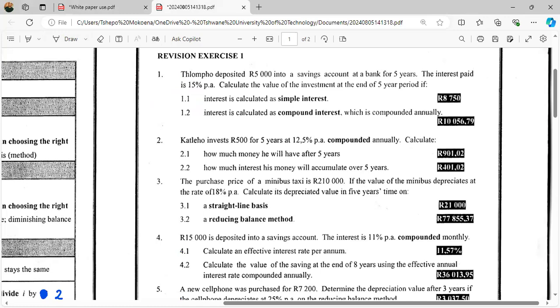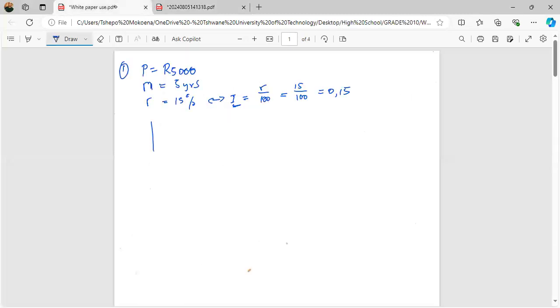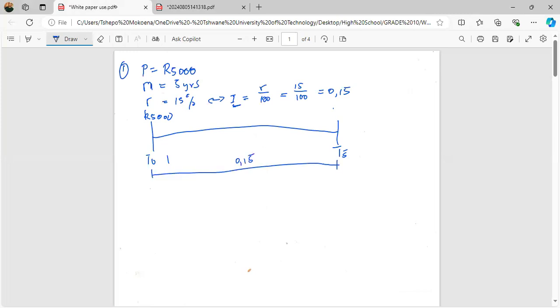Calculate the value of the investment at the end of the 5-year period. Tompo went into a bank account, and at the first year, I'll take this as T0, Tompo invested 5,000 Rand. For how long? For a period of 5 years. So when she invests this, the amount will earn an interest rate of 0.15 for 5 years.